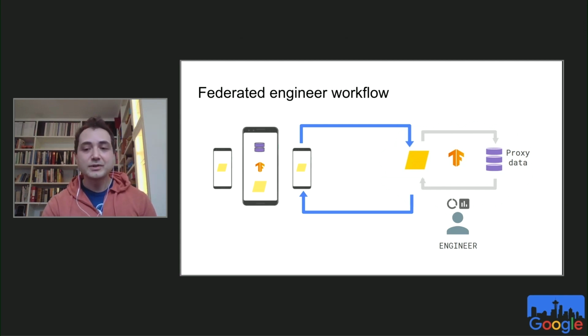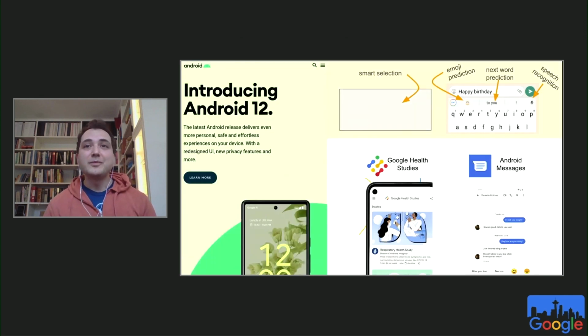And over the last few years, this has been working pretty well with respect to teams being able to use these things effectively. Android 12 has a bunch of machine learning features. Many of them are using federated learning or federated analytics by the engineering teams in order to work. Also, Google Software Keyboard uses federated learning for almost all the models that it trains, and software keyboards require lots of models in order to work.